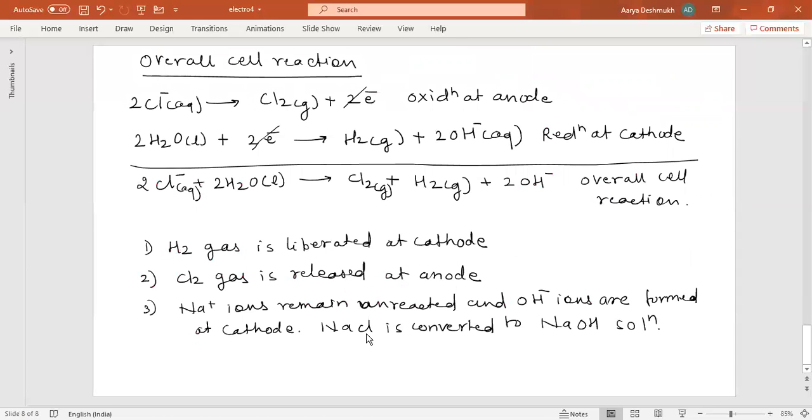These sodium ions will remain unreacted, and the OH minus ions which are formed at the cathode combine with them to form NaOH. Means NaCl is converted into NaOH solution; those sodium ions which remain unreacted will be converted into NaOH solution in this reaction.